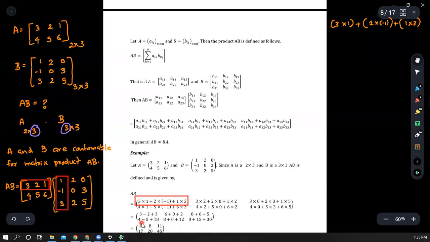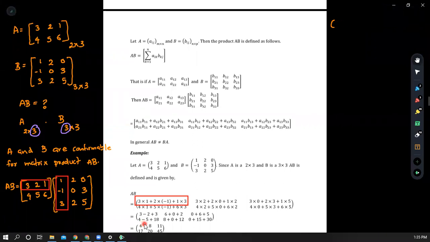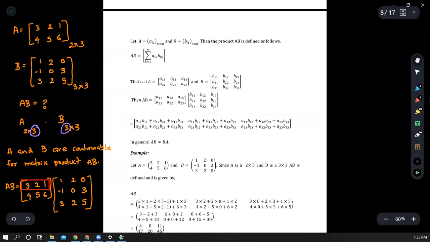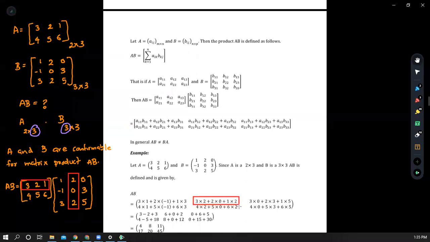Likewise, since we have finished the calculation of the first row with the first column, now we can move to the second column of the second matrix. First row multiplied with second column results in the value in the first row, second column of the resultant matrix.